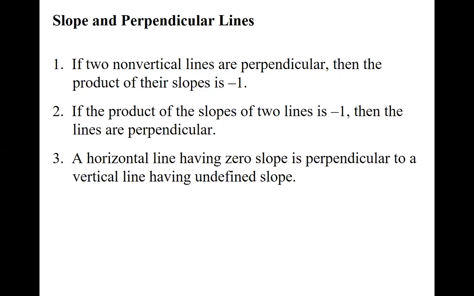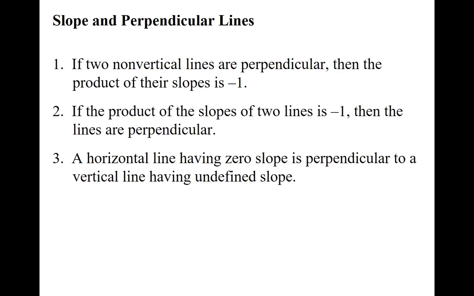Oh no. More painstaking detail, this time for perpendicular lines. Taken together, these 3 statements are basically going to say that perpendicular lines have opposite reciprocal slopes. If 2 non-vertical lines are perpendicular, then the product of their slopes is -1.